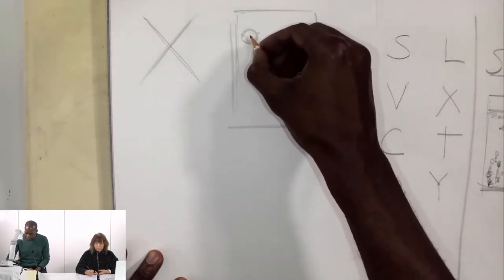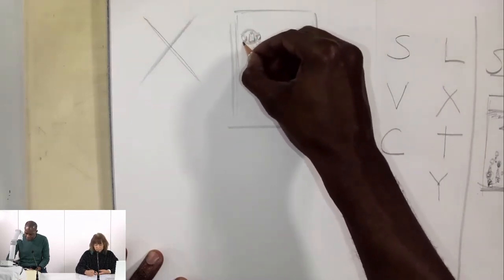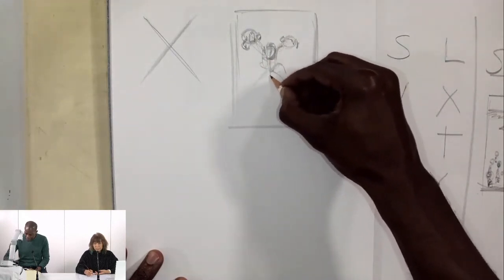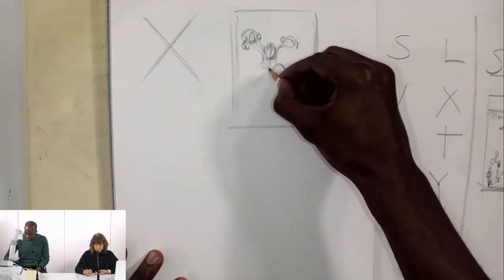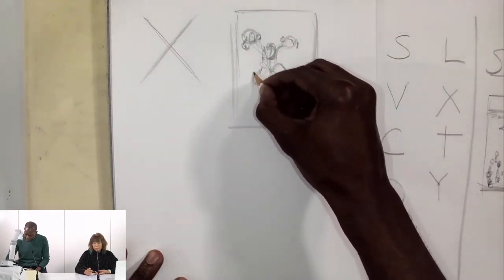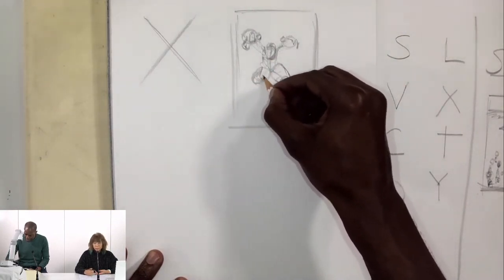He's doing a little foreshortening, and maybe this leg is coming forward like this, and this leg is going back.